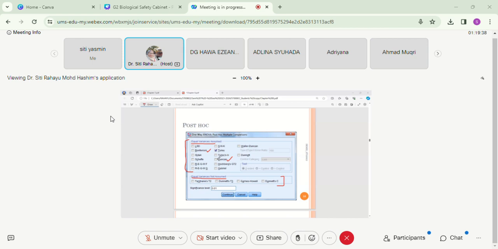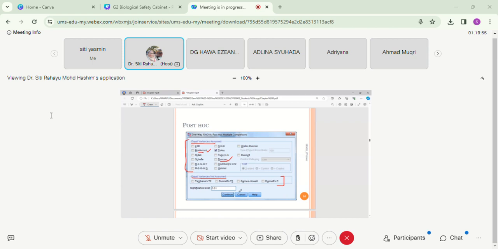But if they are not, then you cannot use Bonferroni or Duncan. You cannot choose this. You need to choose another type of multiple comparison. All right.